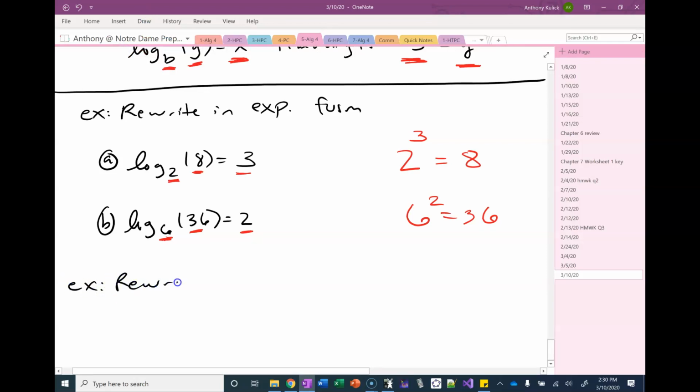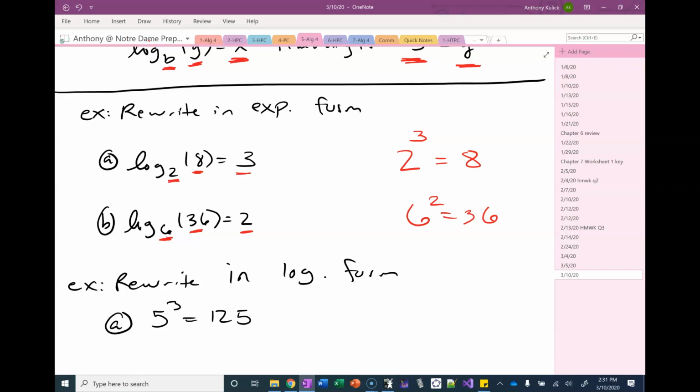So let's do the reverse idea here. So let's say we're going to rewrite the exponential equation, 5 to the third is equal to 125, as a logarithmic equation.